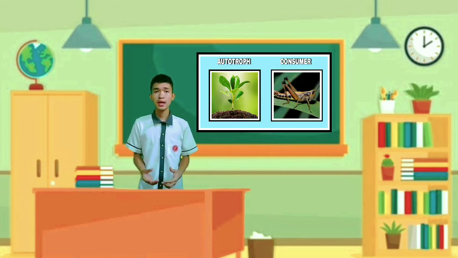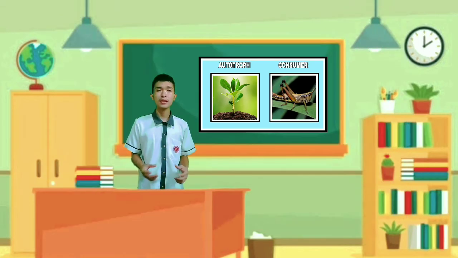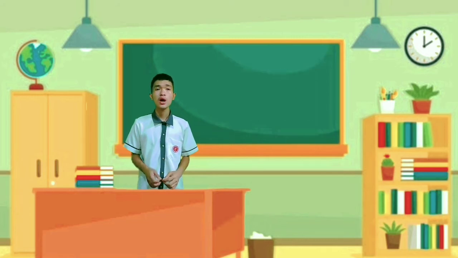Biotic factors, such as the presence of autotrophs or self-nourishing organisms such as plants, and the diversity of consumers, also affect the entire ecosystem. From the activity that I have given to you, do the components you have found really exist on a certain ecosystem?